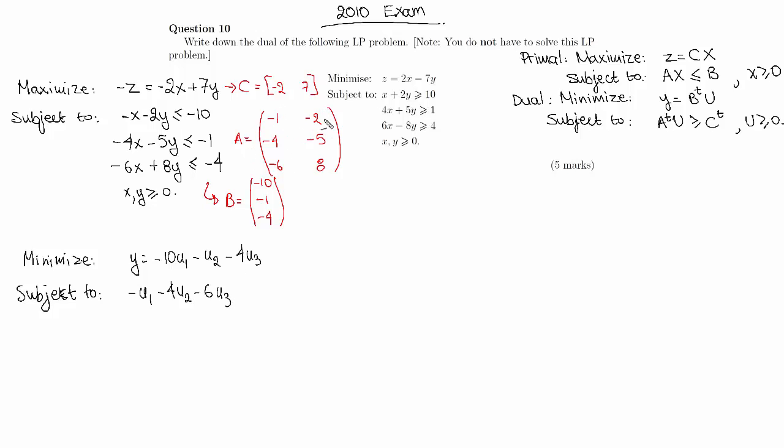And then for the second one we will use these, so it will be minus 2U1 minus 5u2 plus 8u3, and these will be greater than or equal to, since we have greater than or equal to over here. C transposed, where C was this one, so transpose will give us minus 2 here and 7 down here. And we always know that ui is greater than or equal to 0.